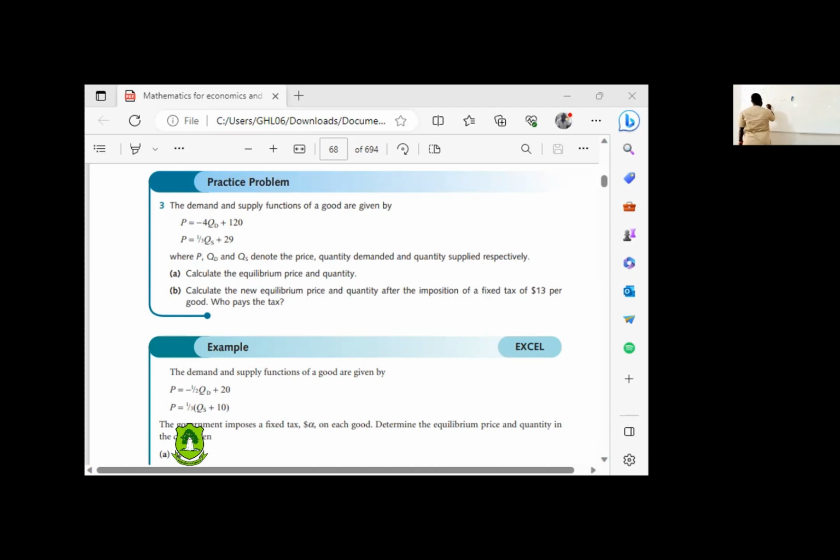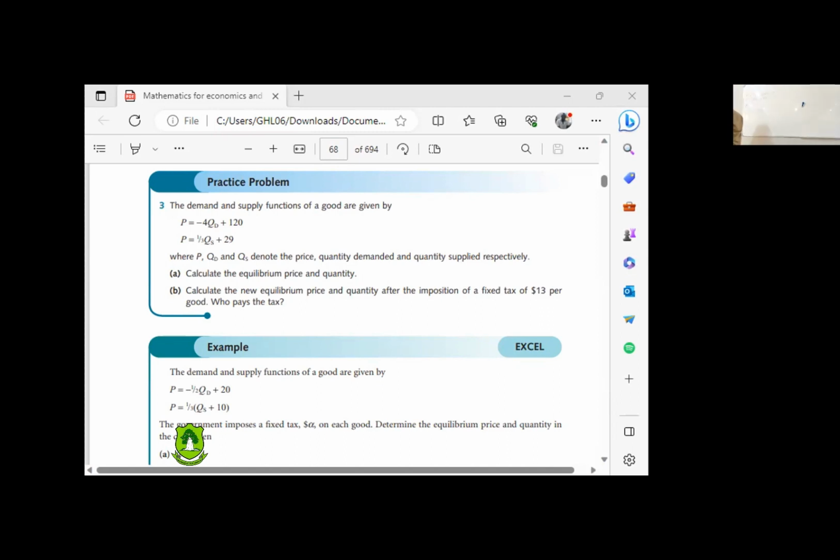So here will be 3P minus this times 3, which will be 87. So this will be our quantity supplied equation. Are you getting it? Are you clear now? Okay. Now let's make progress.